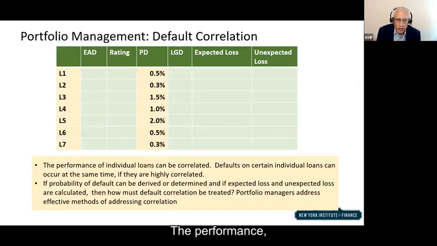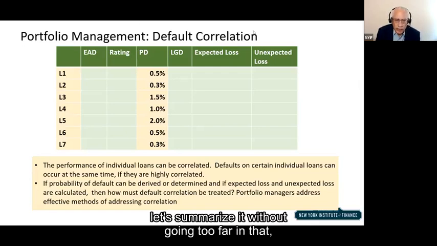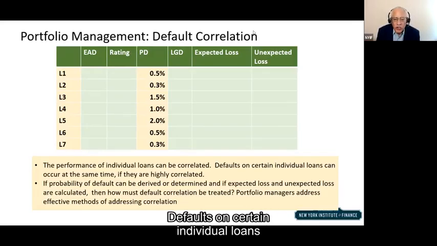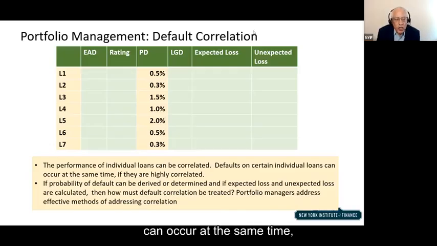Let's summarize it without going too far in depth, because that's beyond the scope of what we're trying to cover in this session. The performance of individual loans can be correlated. Defaults on certain individual loans can occur at the same time if they are highly correlated.